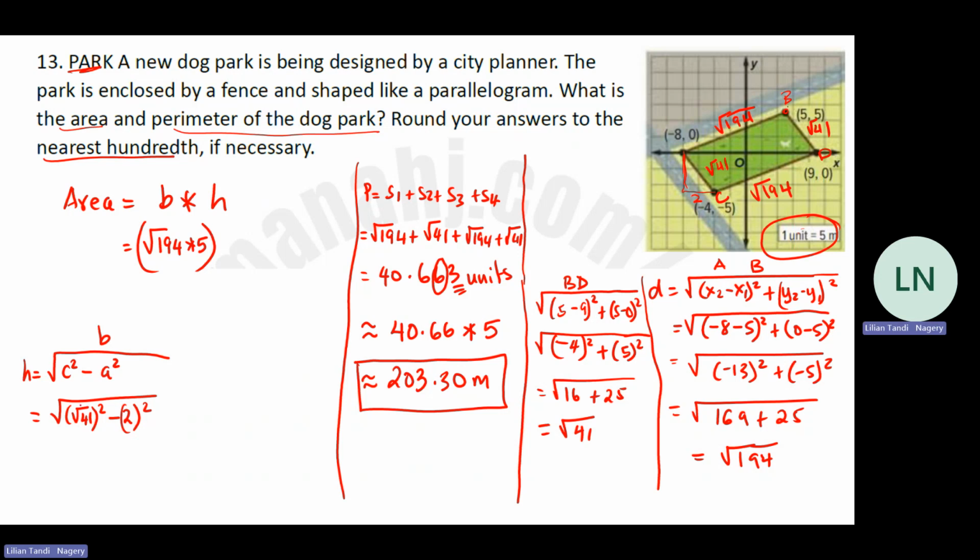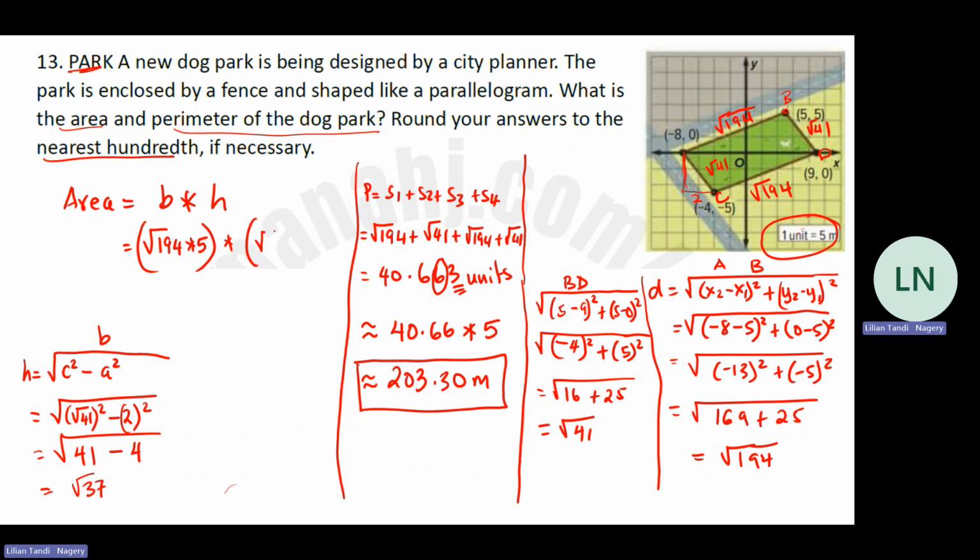Remember, the square of a square root is just the radicand. So this will be the square root of 41 minus 4, like that. So that will give me the square root of 37. So the height is square root of 37.